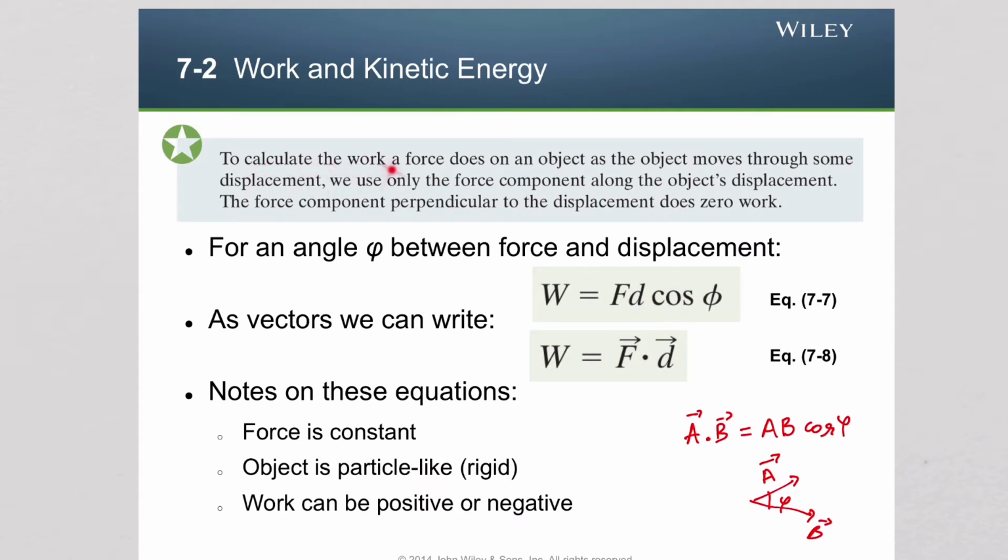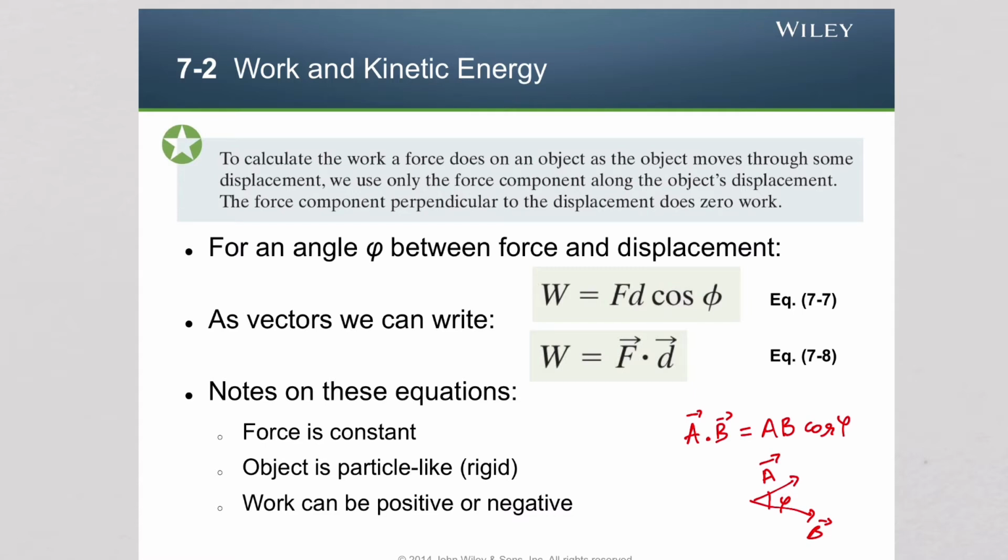To calculate the work that a force does on an object as the object moves through some displacement, we use only the force component along the object's displacement. The force component perpendicular to the displacement does zero work. So for an angle phi between the force and the displacement, the work done, W, is equal to the force times displacement times the cosine of the angle between the two.